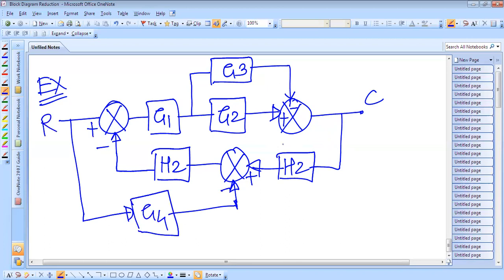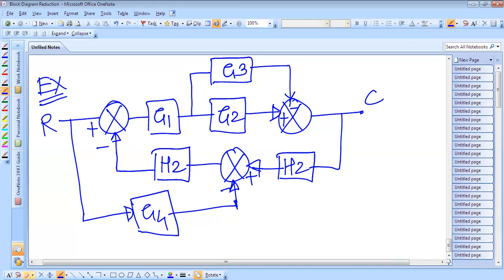What we'll do, prima facie, we can see these two blocks are in parallel. So we can reduce these blocks and write instead G2 minus G3.